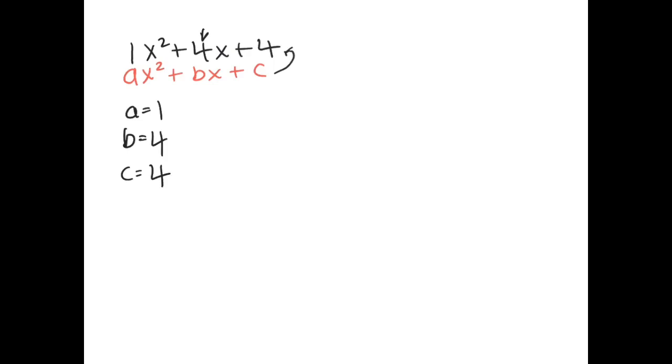Now remember, these three can change. So your a variable can be 20, your b variable can be 10, and your c variable can be 5. It can be anything.